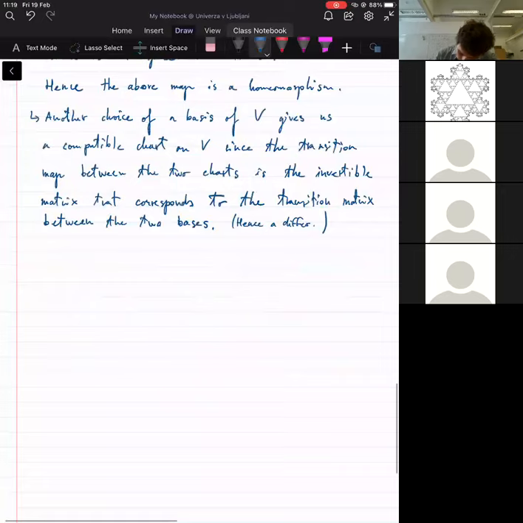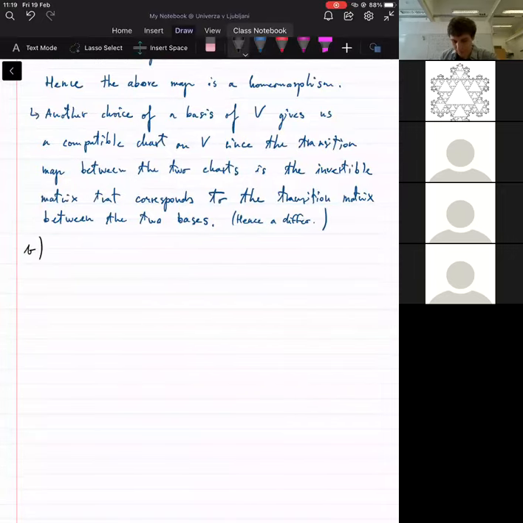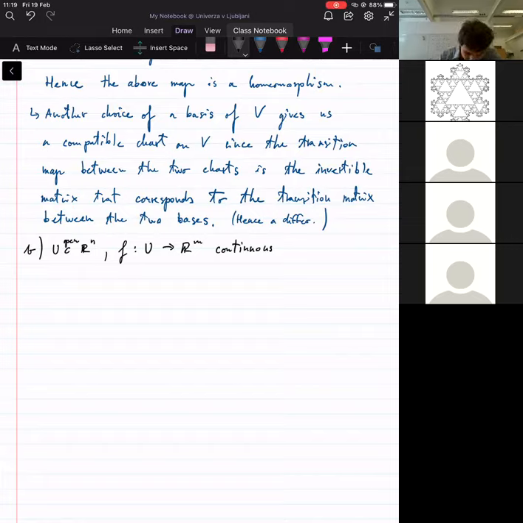Let's proceed. Let U be an open subset of R to the power of m, and let f from U into R^n be a continuous map between this open subset and the Euclidean space. Some of you may know what's approaching.